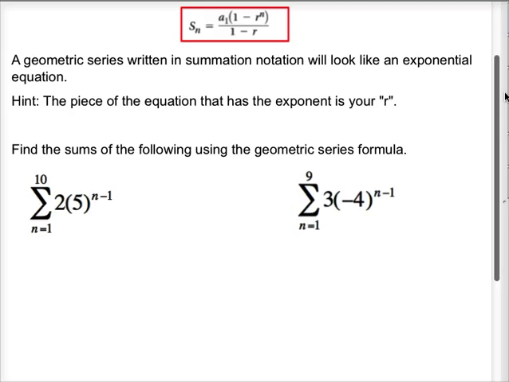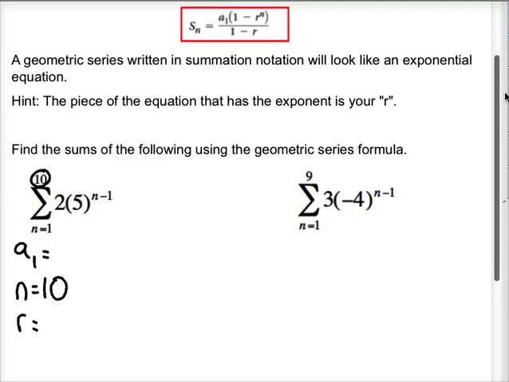So, what I want you to see is you're still looking for the same pieces. You still need to know what A1 is. You need to know what n is, which, hopefully you remember, is that term up top telling you that you're going up to the 10th term, and then your rate.